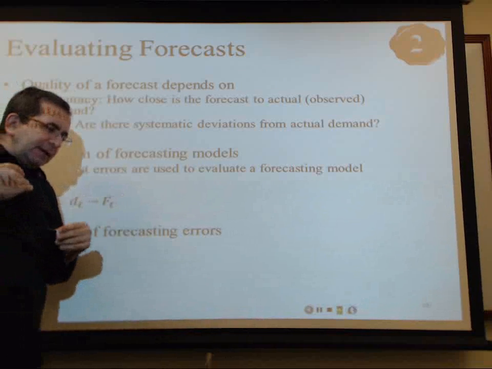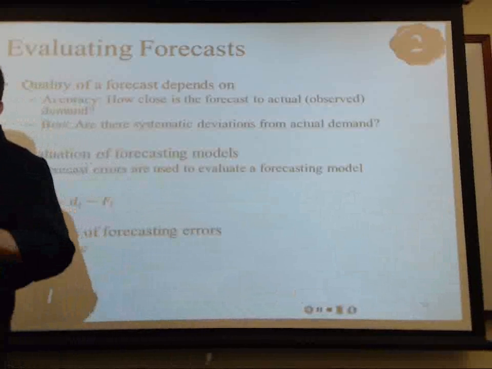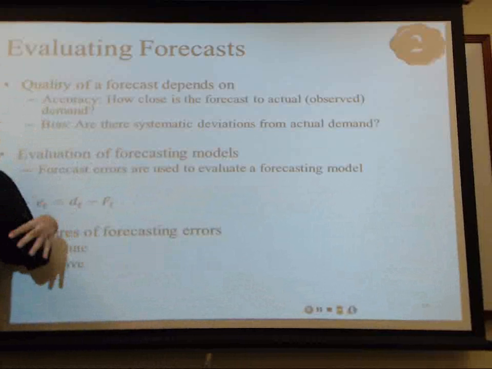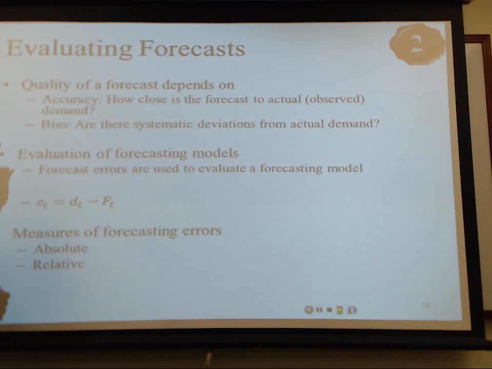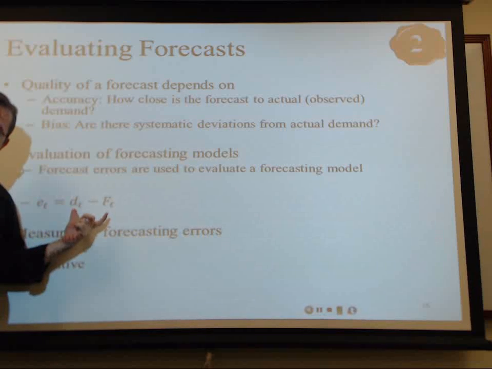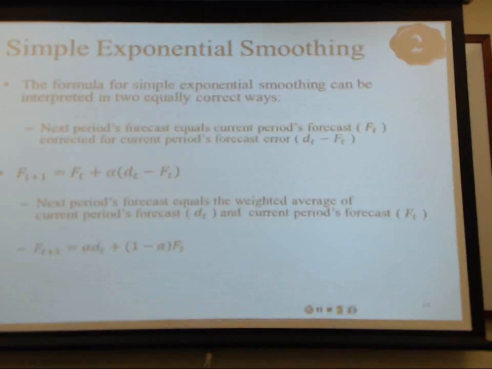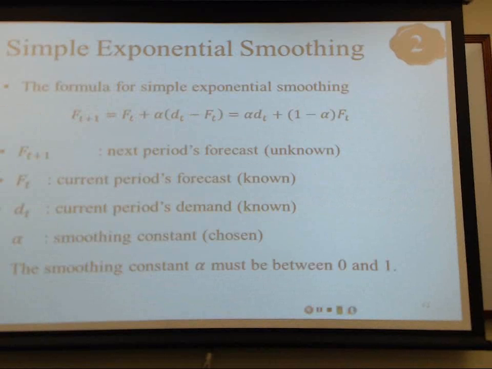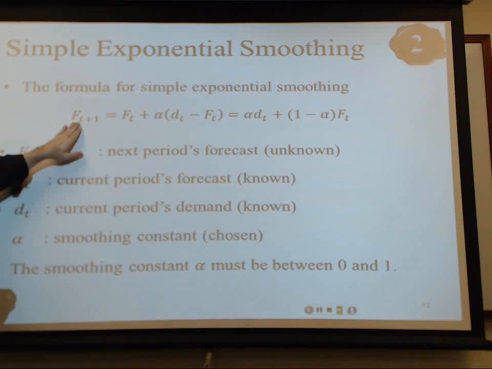Now, what we don't do with simple moving averages, we don't learn from our mistakes. In other words, we don't use the forecast error to improve our forecast. In exponential smoothing, we do that. It corrects the forecast by the forecast error.